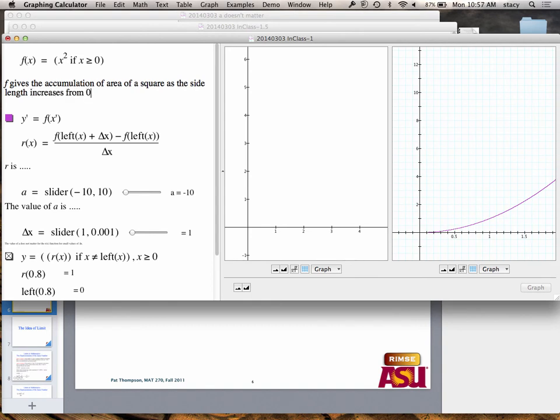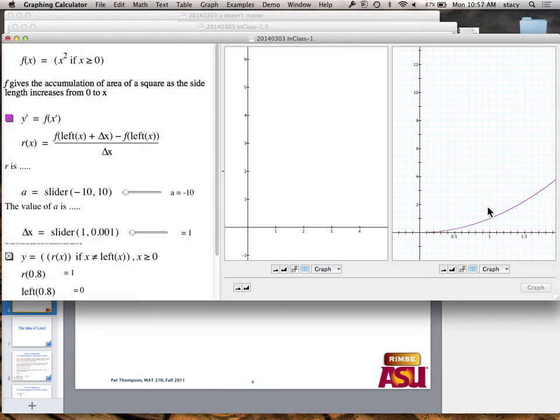From 0 to... okay, so you're thinking of a very specific value, but this function, right? So the function inputs x, which is the current side length of my square. So the output is the area that has accumulated as the length increases from 0 to x, that current value. Okay?